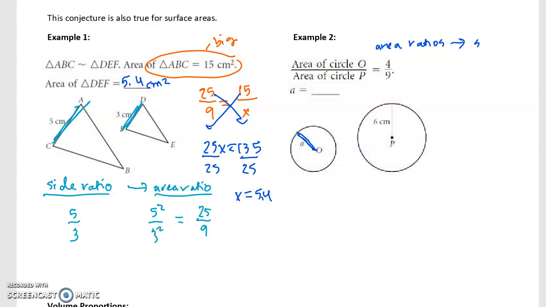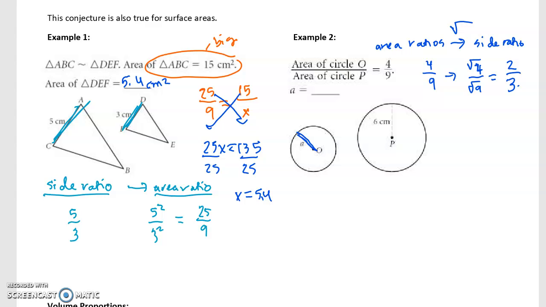To get the side ratios, we need to square root. So we need to go from 4 to 9, and then we need to square root each of those dimensions. The square root of 4 is 2, the square root of 9 is 3. So now our side ratio of the smaller circle to the bigger circle is 2 to 3.